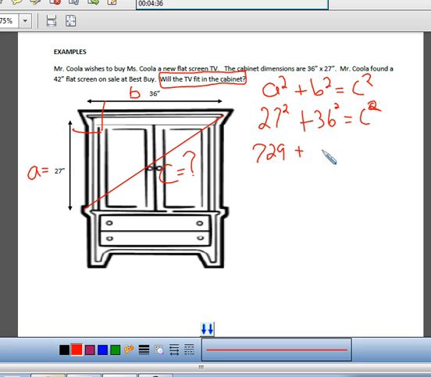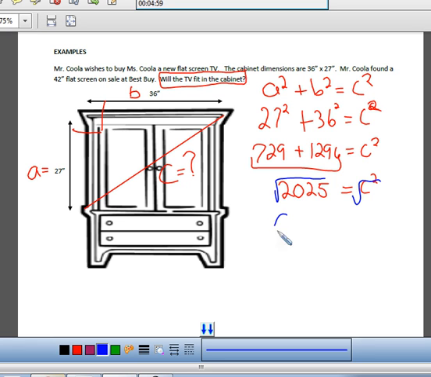Plus 36 squared is 1,296 equals c squared. Add them together, and you get 2,025. Now, to find the answer, this is not the answer, we have to take the square root. That's how we do the inverse operation here, and c equals 45.